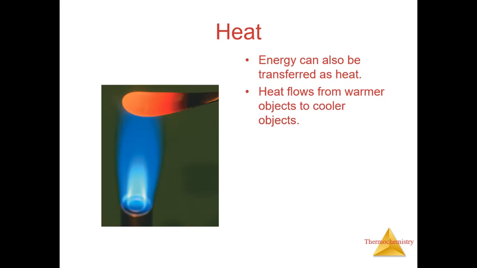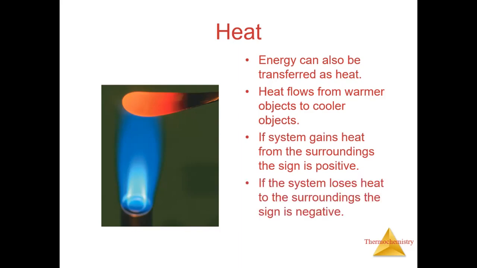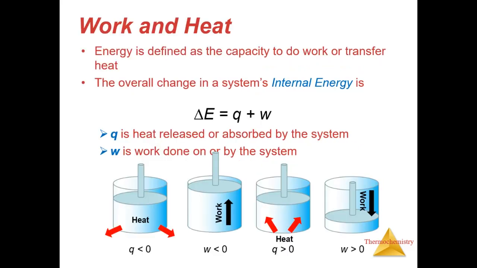So that process is endothermic. If the system gains heat, the sign of that heat is going to be positive. In other words, if we add heat to something, that something has a positive Q. If we take heat away from that, it's going to be negative. Important slide.